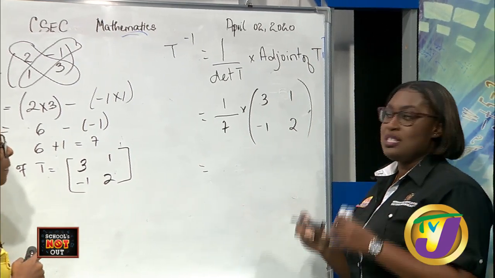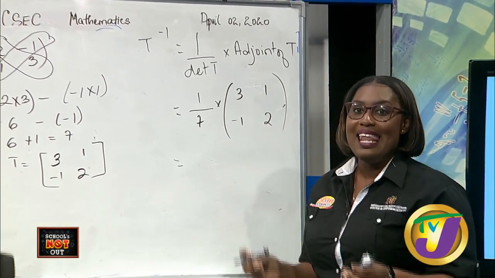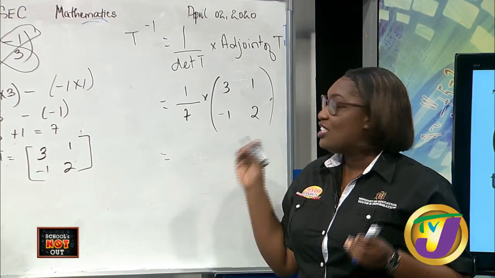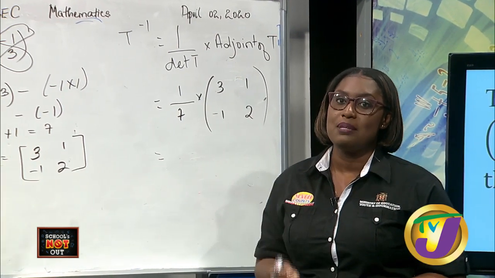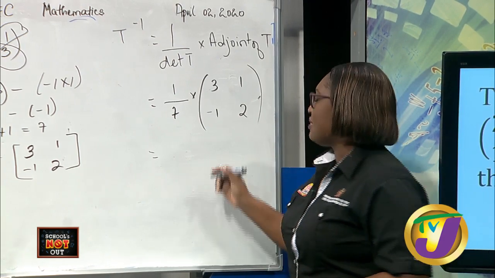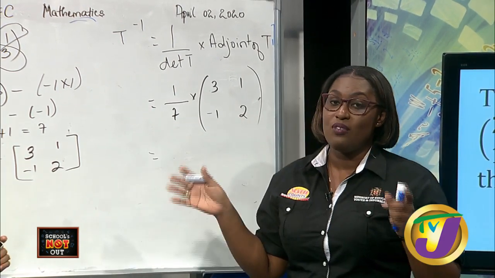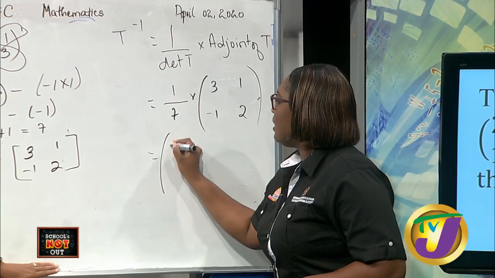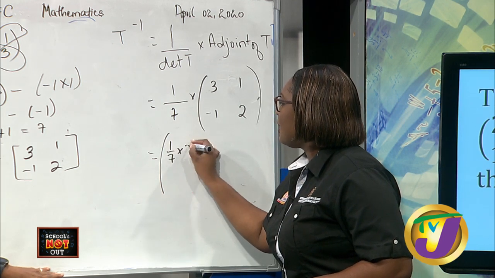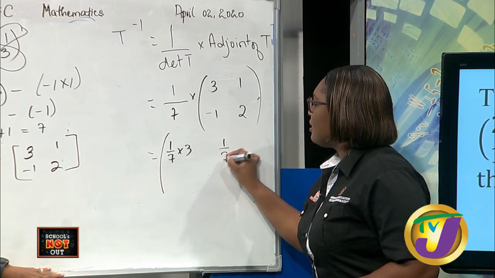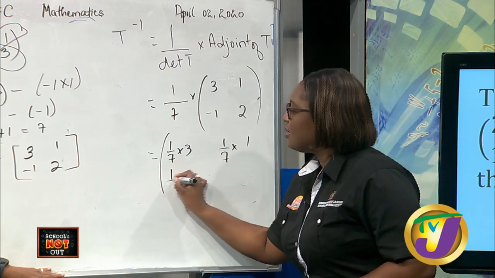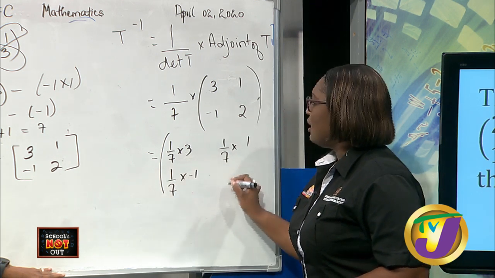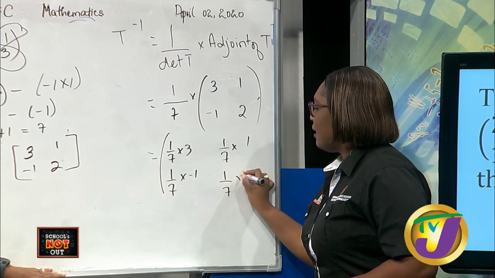Remember, scalar multiplication: every element in my adjoint matrix must be multiplied by 1/7. I'm going to write it out for you guys this time. It's going to be 1/7 times 3, 1/7 times 1, 1/7 times -1, 1/7 times 2.